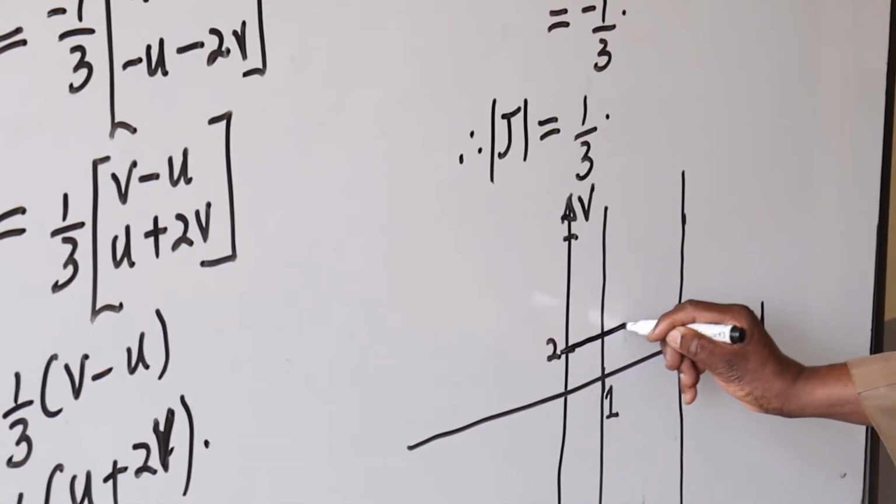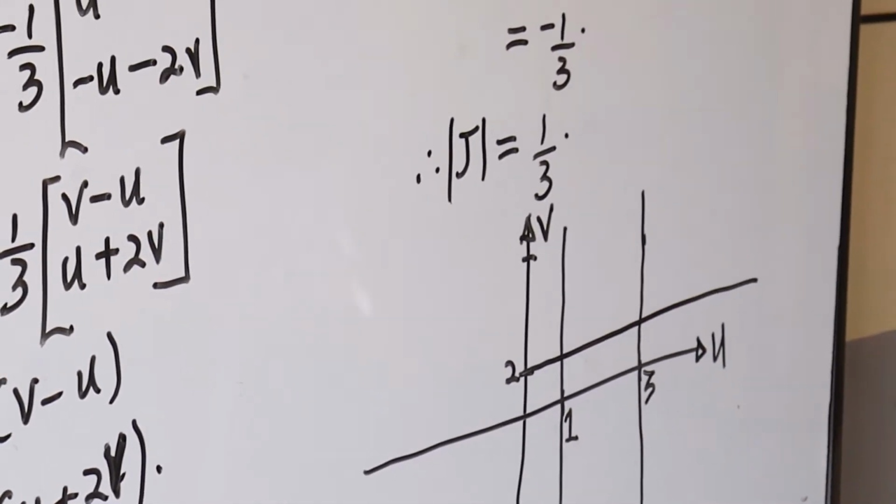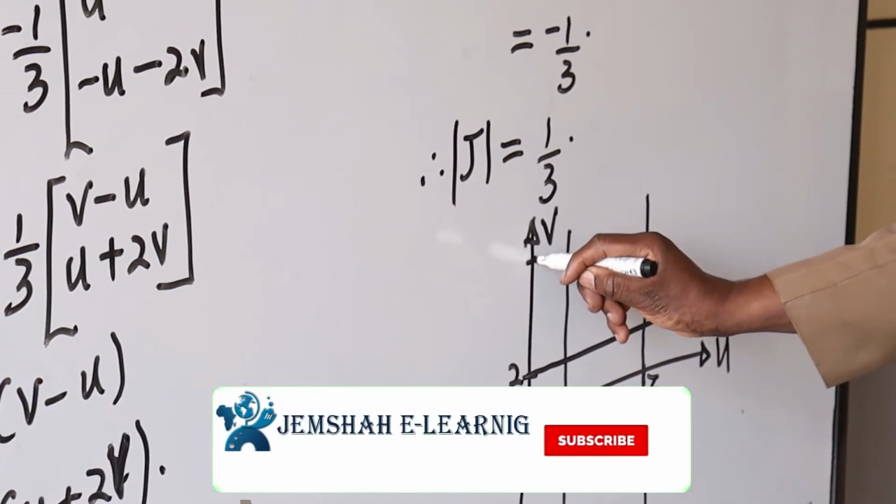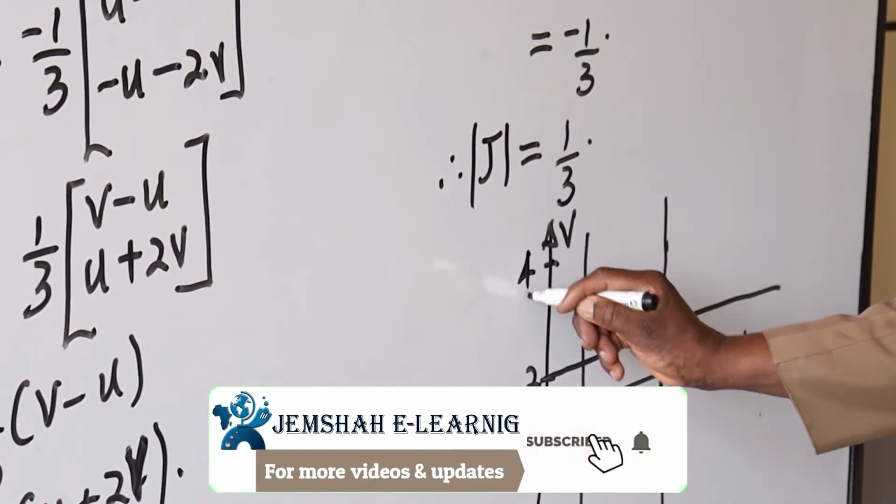And we have v equal to 4, so let's say this is 4.